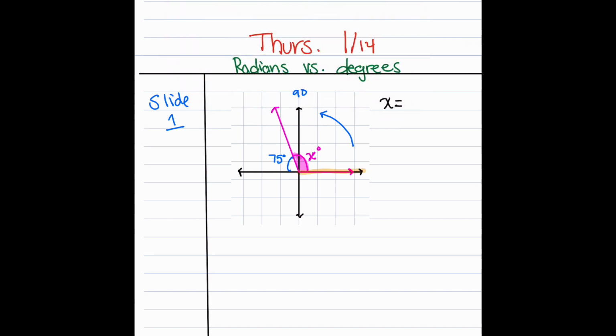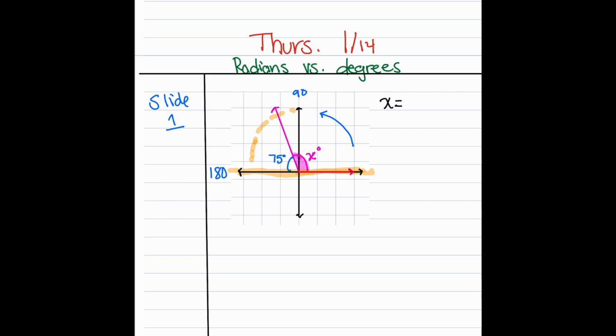From starting point, let's pretend we went all the way around and made a flat line. So a flat line is 180 degrees. So that orange flat line I just highlighted, that would be 180 degrees.